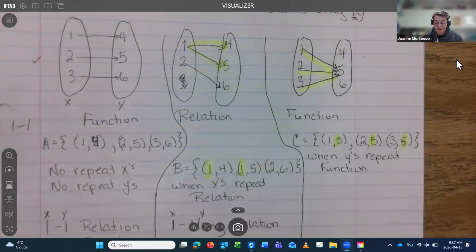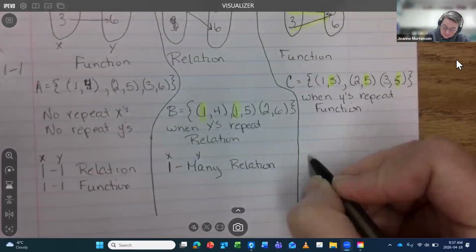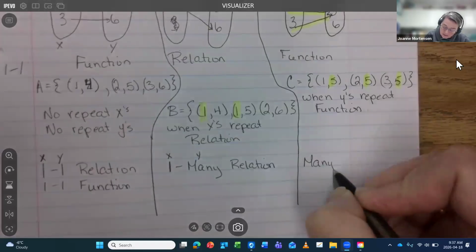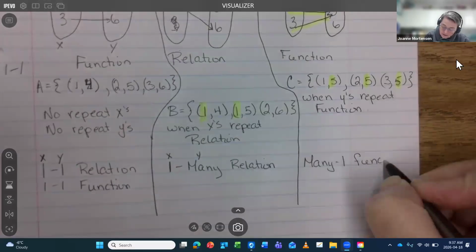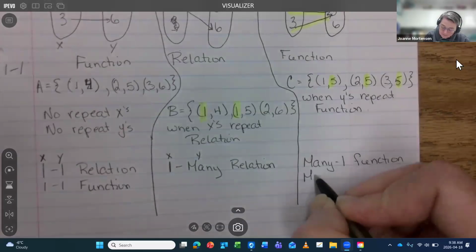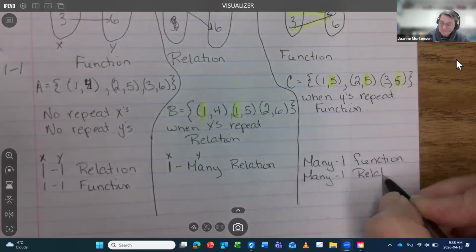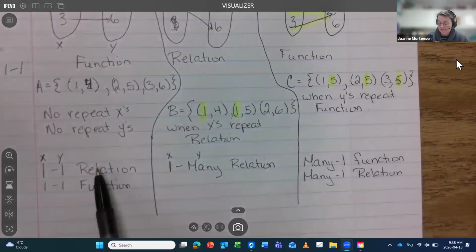There's only one other option left, and this is the many-to-one. It can be a function or a relation. I'll probably consult with my very good friend Mark and ask him. I think it would make more sense if I used the word relation.